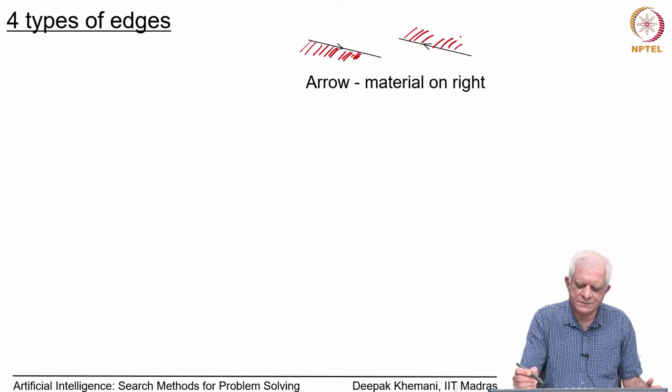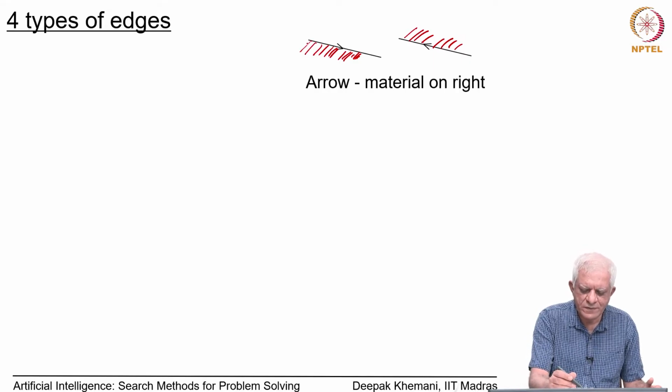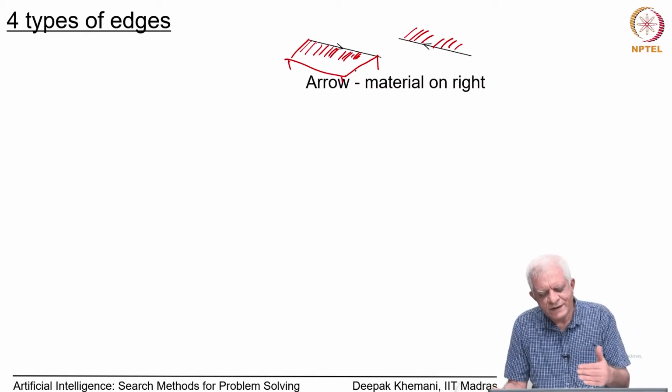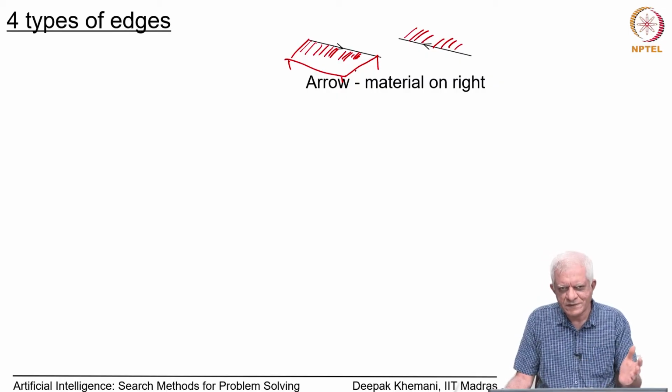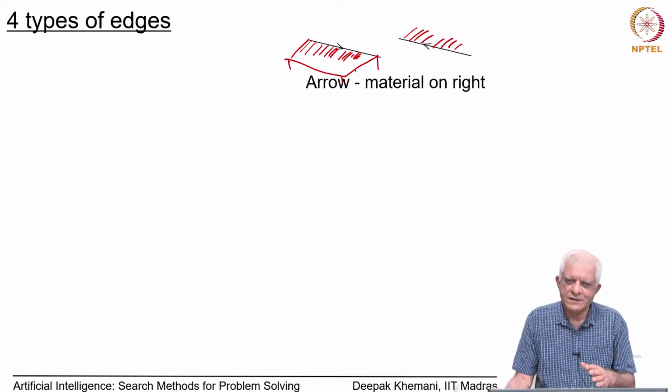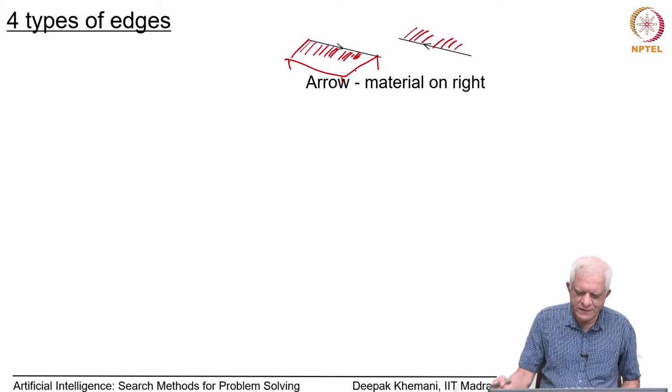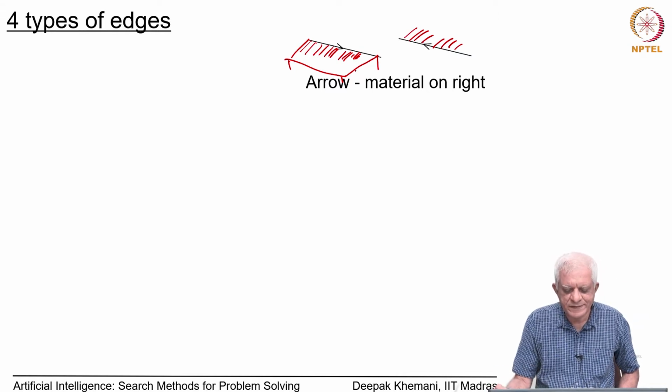So, for example, this could be an object which looks like this, something like that, and you are seeing an edge which defines the boundary of the object, and it defines it in such a way that the material is on the right hand side. So, these 2 kinds of edges are called arrows, and basically the direction changes where the material is.